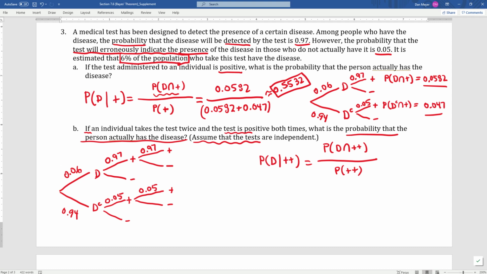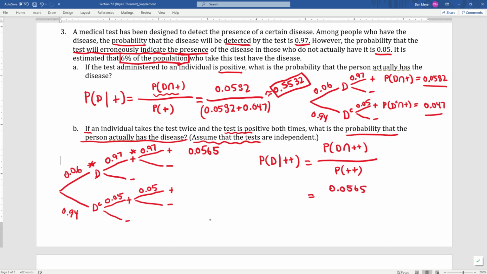All right, if we multiply across the top here, 0.06 times 0.97 times 0.97, we get a probability here of 0.0565. I'll round it to 4 decimal places. That is the probability that a person has a disease and gets 2 positive tests, so that's our numerator.